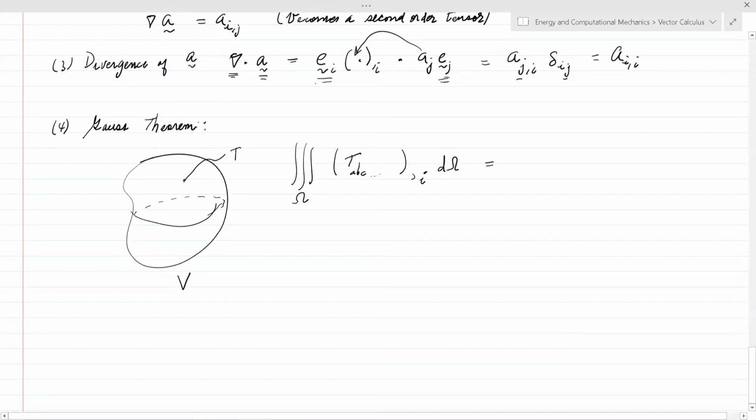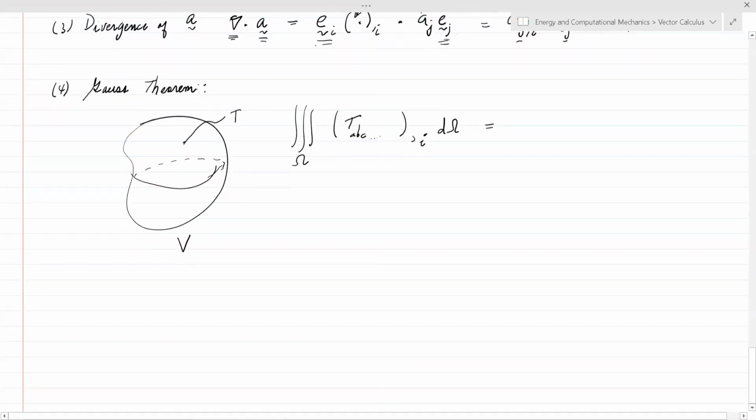This is very powerful. Basically, we're going to show that I can represent this quantity somehow on the surface. These are volume quantities, stuff happening inside, but I can somehow represent it on the surface. So this actually is a double integral, and the way it works, you remove this comma i and replace it with n_i dS, and that's how you do it.